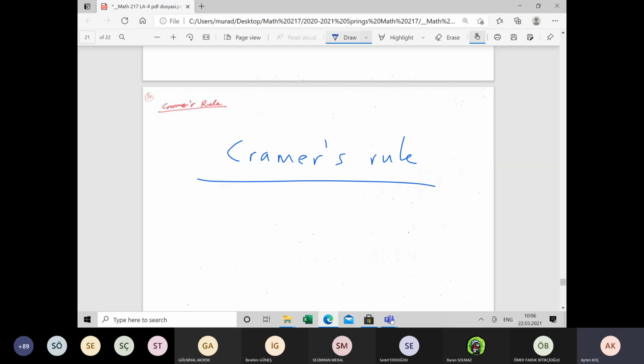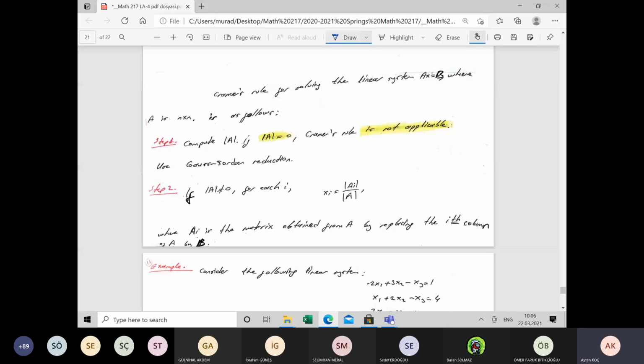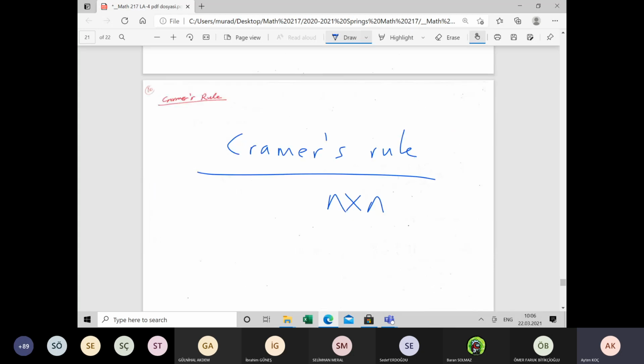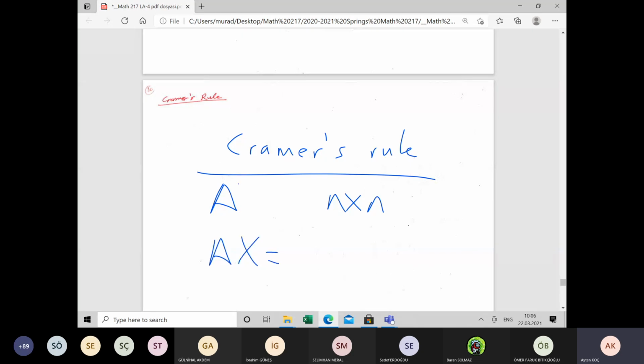Sorry, not 3 by 3, n by n, of course. The first example for 3 by 3 is okay, but the rule is valid for an n by n coefficient matrix A if our system is AX = B, our linear system. A is the coefficient matrix and should be n by n, critical point.